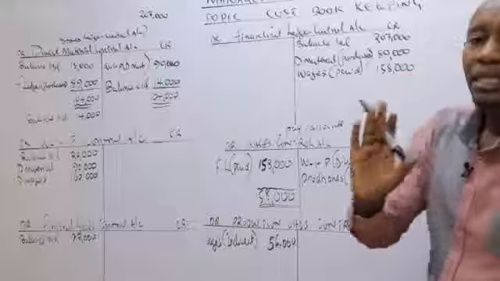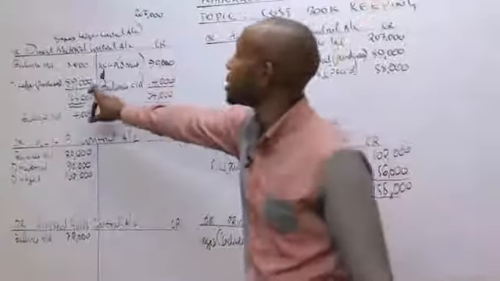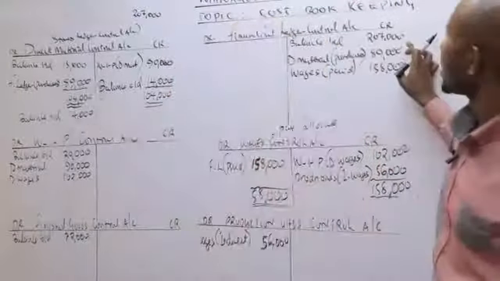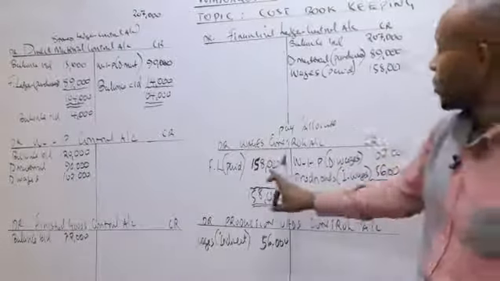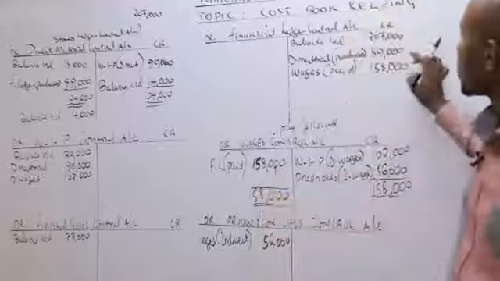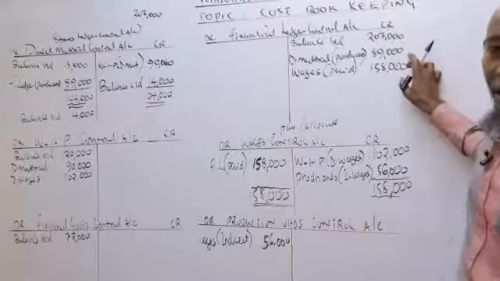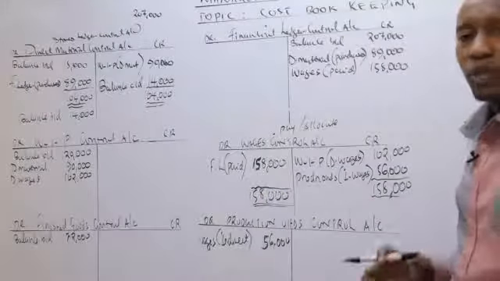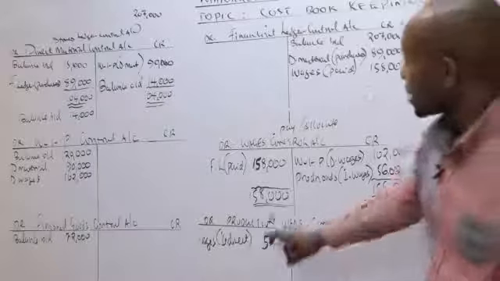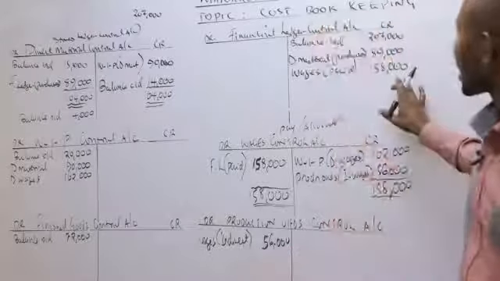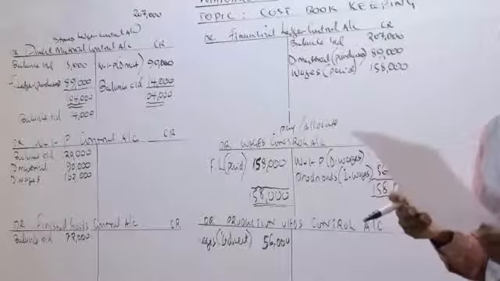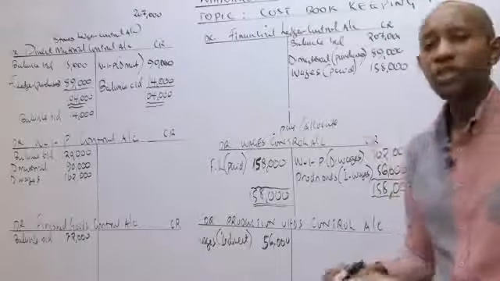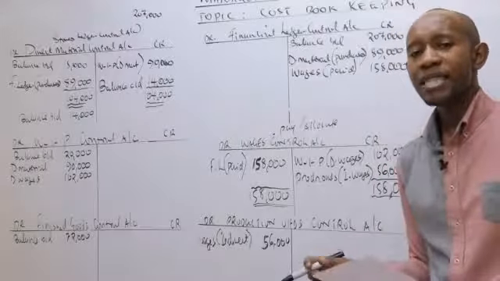When we purchased material, we debited this account and credited here. When we pay labor, we debit this account and we credit this account. Same case for overheads. When we pay overheads, we debit this one and we credit this one. So look at the production overhead cost incurred, which was 159,000.